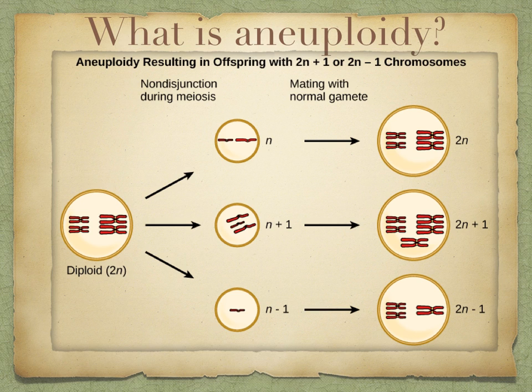If there's non-disjunction during meiosis, you can see that one gamete will have an extra chromosome, N+1, whilst another gamete will be missing a chromosome, N-1. Now, if these gametes are fertilized with a normal gamete, have a look at the resulting number of chromosomes on the very right.